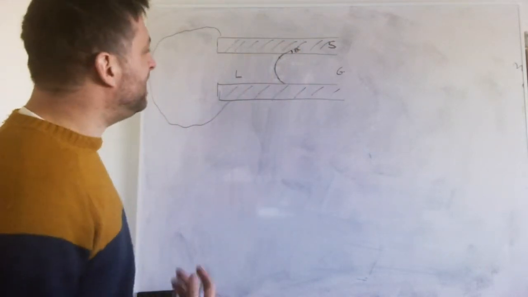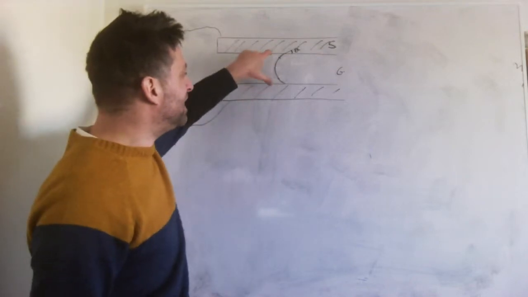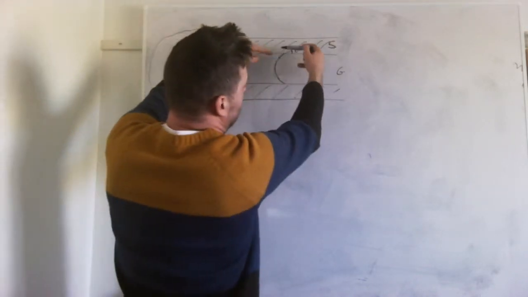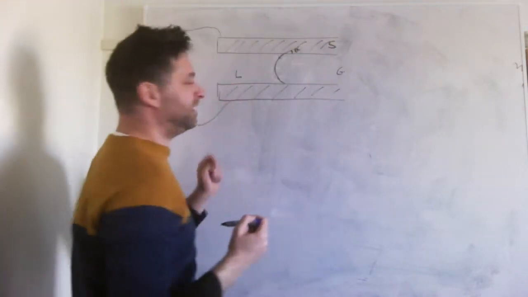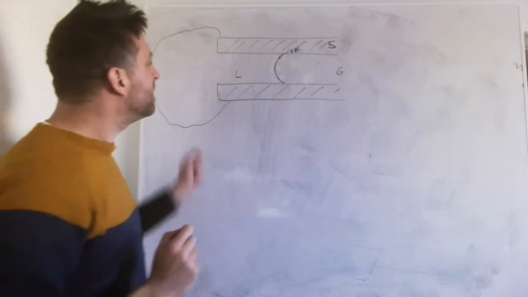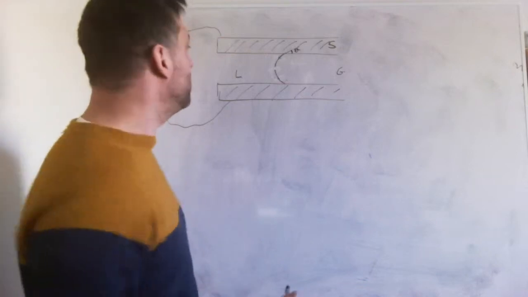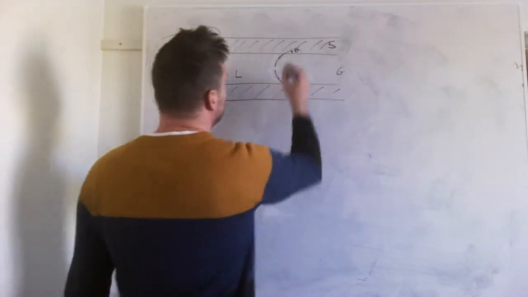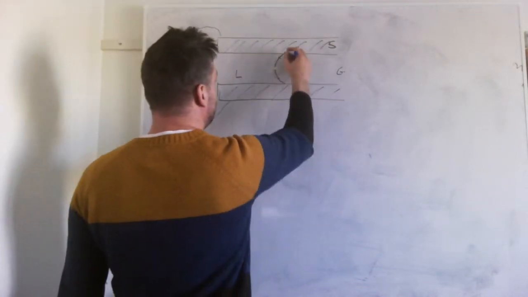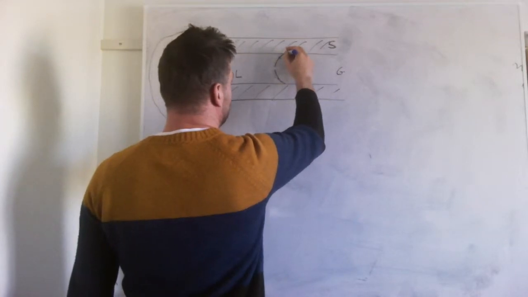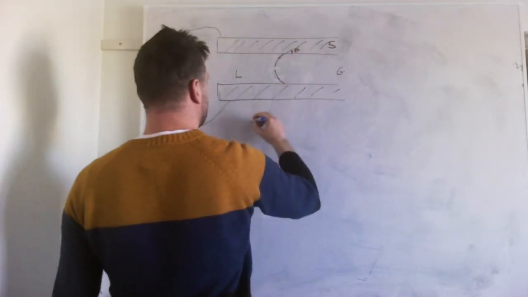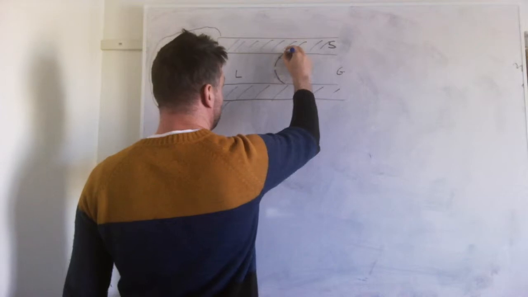And given that the cylindrical channel has a circular boundary, a circular triple phase interline, and the surface has the same curvature at any point, I know that this surface must be spherical. So I know that this is a sphere, and this sphere has a radius that I can draw here.